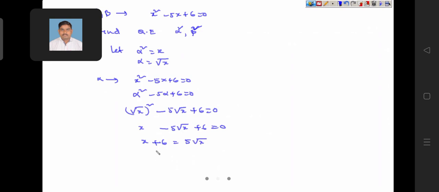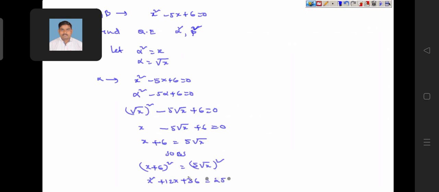Now squaring on both sides, (x plus 6) whole square is equal to (5 root x) whole square. (x plus 6) whole square is how much? x square plus 12x plus 36 is equal to 25 into (root x) whole square, which is 25x.